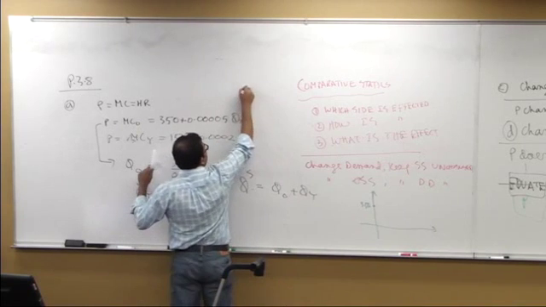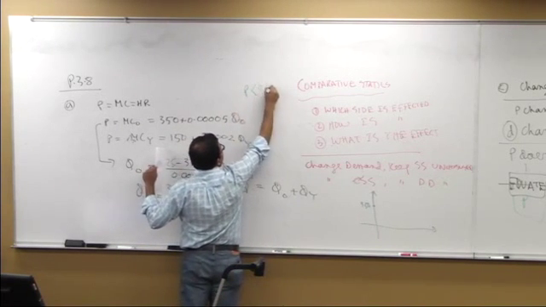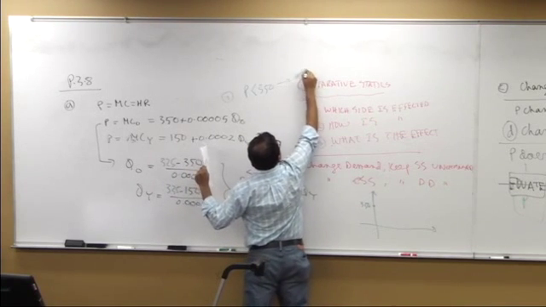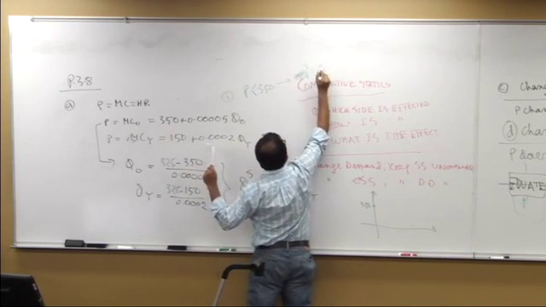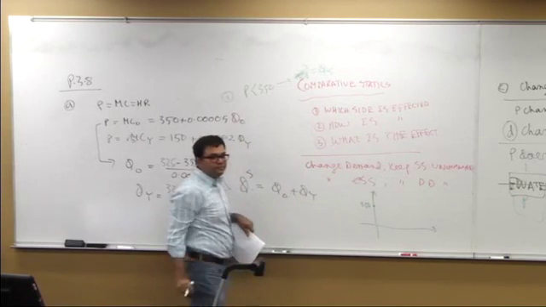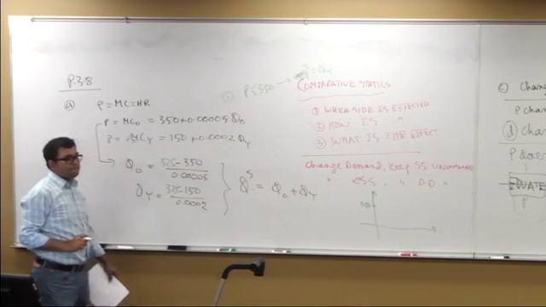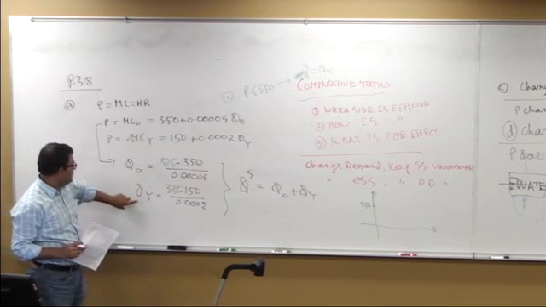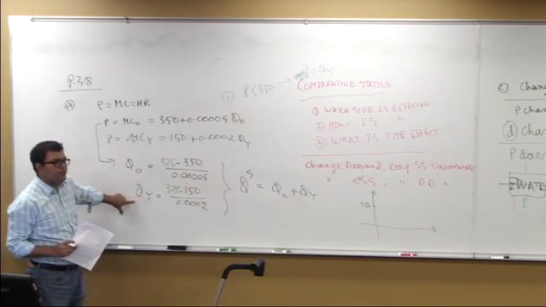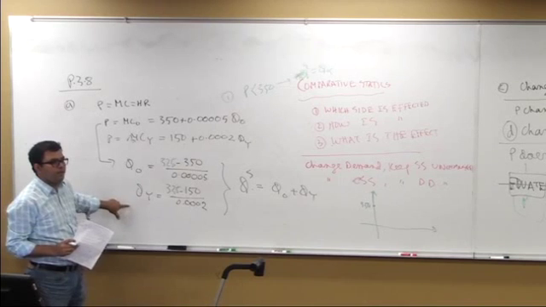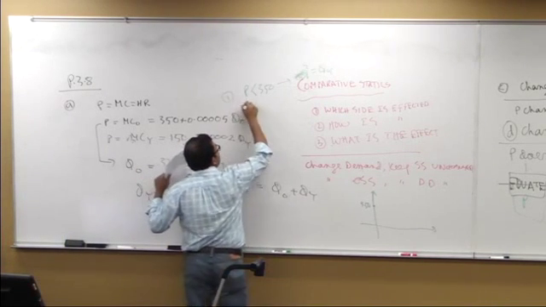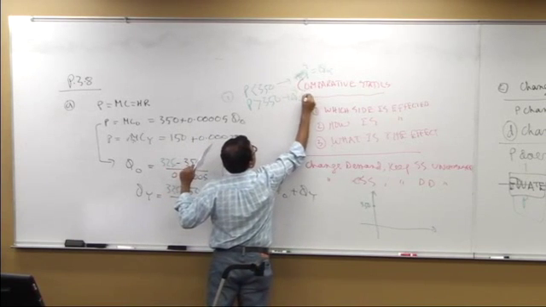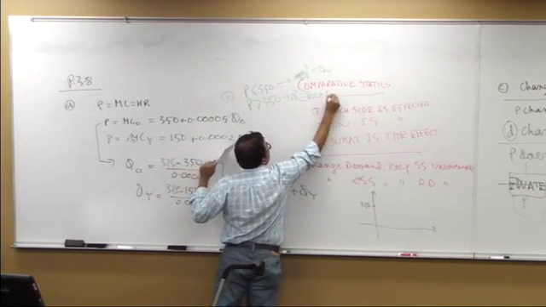If price is less than 350, Qs is just equal to Qy, right? When price is less than 350, the market supply curve consists of only supply of the second Y firm. When price is greater than 350, Qs is equal to Qy plus Q0.